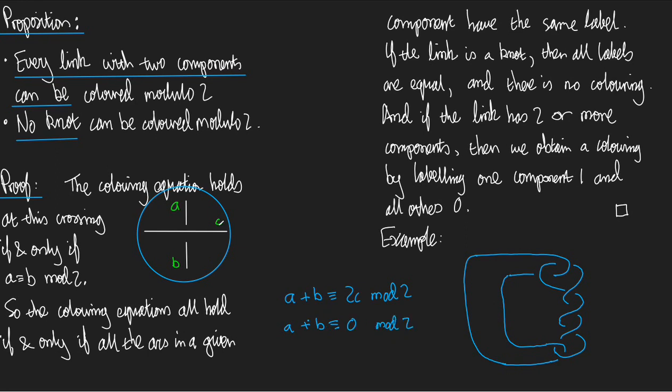Let me subtract B from both sides to get that A is congruent to minus B modulo 2. Well, modulo 2, minus B is congruent to B. So we get that A is congruent to B mod 2. And each of these steps was reversible, so the coloring equation holds if and only if A and B are congruent.